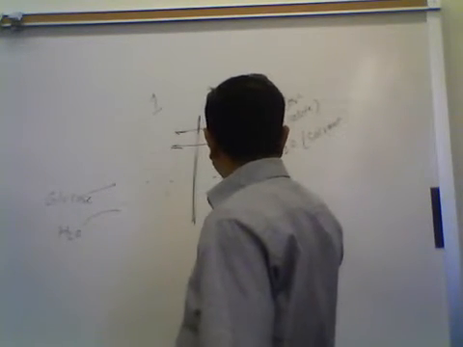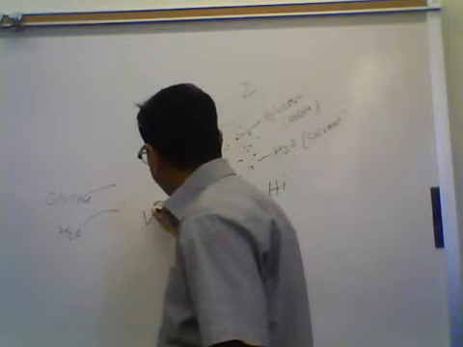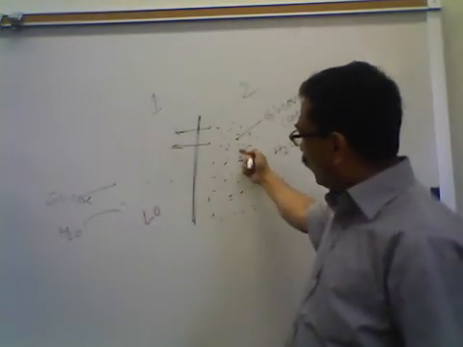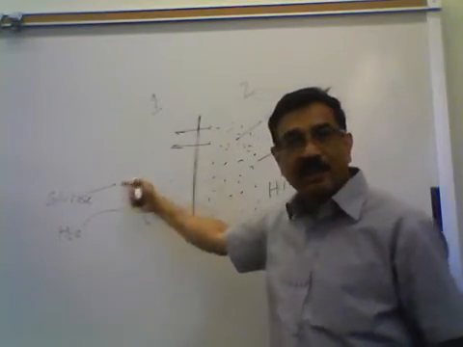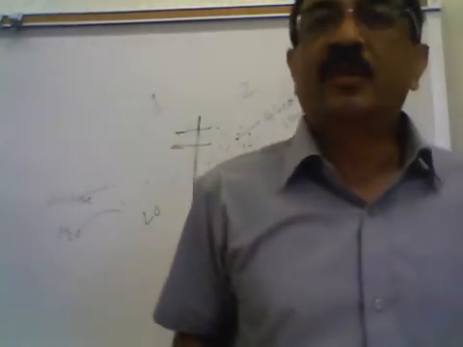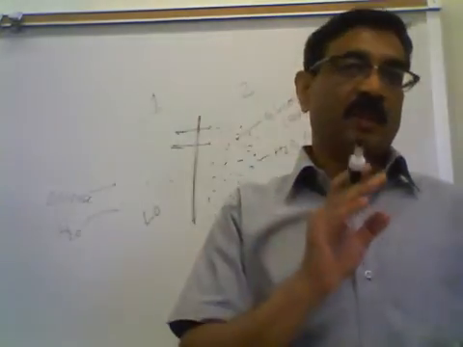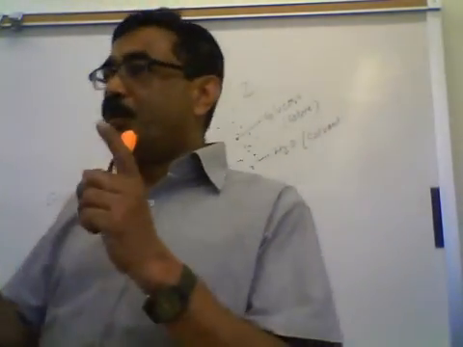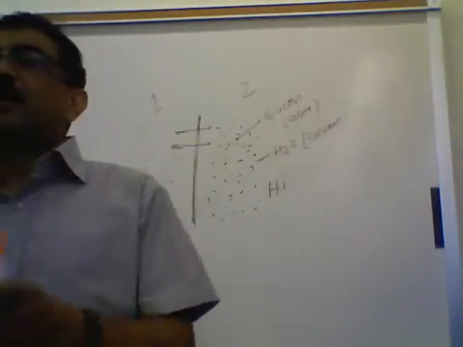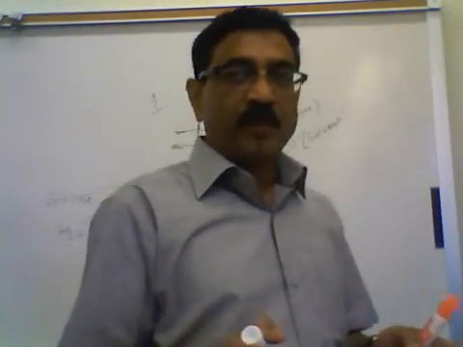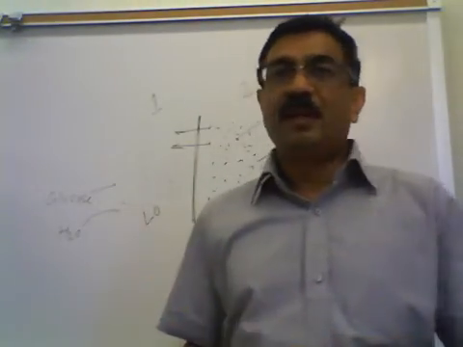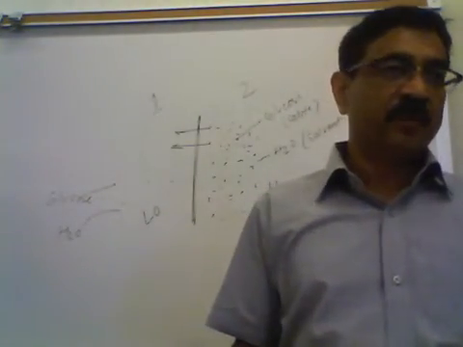This is high concentration, right? This is low concentration. So glucose will move from high to low concentration, and that movement is called simple diffusion. So now I can say that movement of solute from high concentration to low concentration is simple diffusion. Make sense?